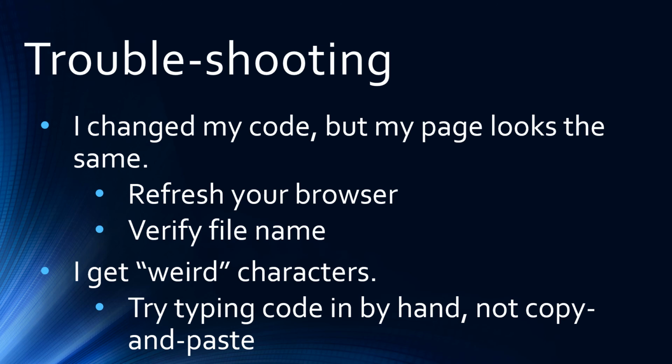It doesn't translate exactly the way you hope, and you get what we call word characters. The number one culprit is the quotes. So whenever you're typing and you have some sort of weird thing you're not expecting, go back in and try typing the code in by hand.